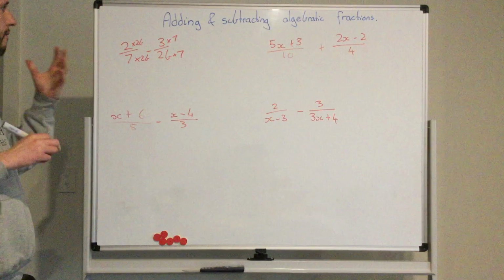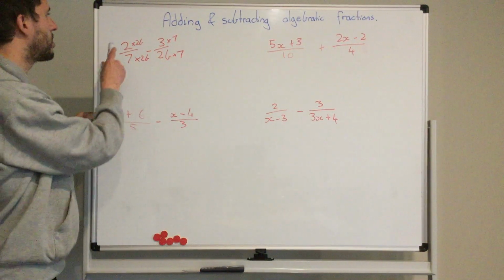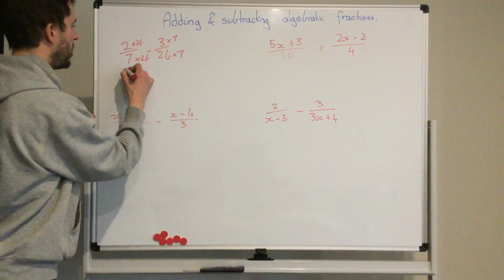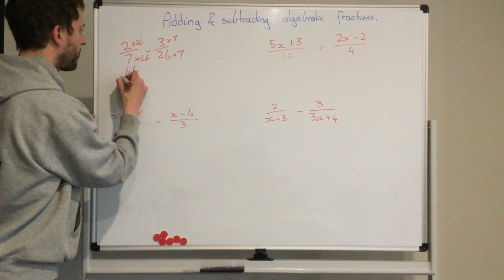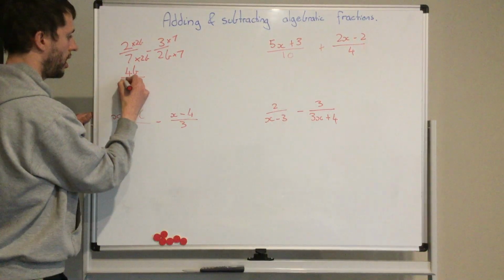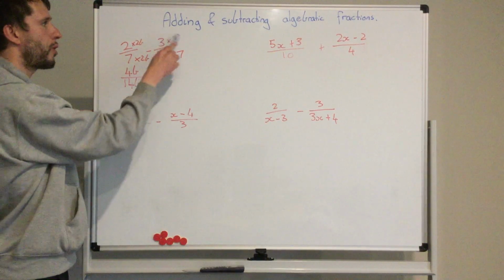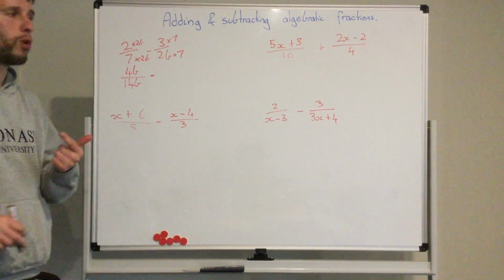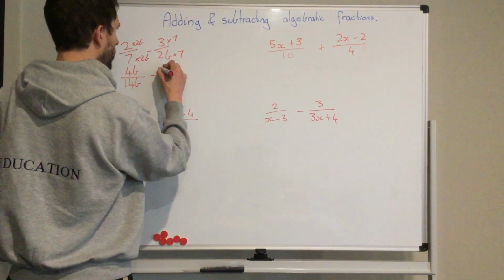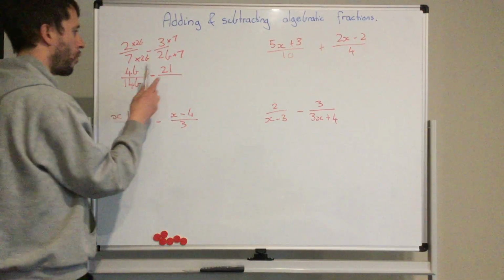So let's solve that. 2 times 2b is 2 times 2 equals 4, so 4b, over 7 times 2 equals 14, so 14b, minus 3 times 7, 21, over 2b times 7 is 14b.